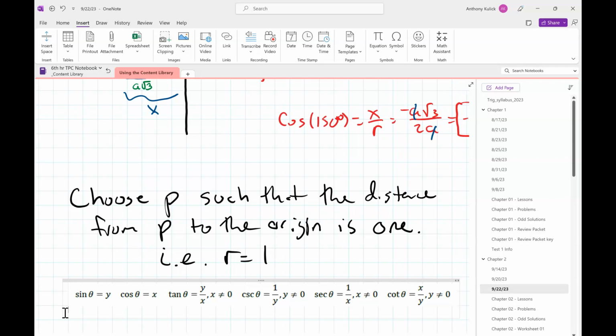Tangent and cotangent didn't have r's involved, so they stay the same. Cosecant was r over y. If r is 1, it just turns into 1 over y. And then secant was r over x. Since r is 1, that just turns into 1 over x. Everybody's so far so good?